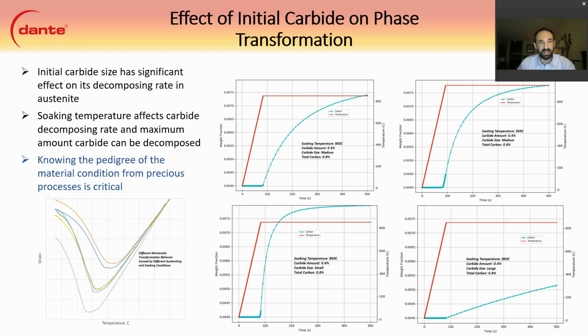So we can see that as the carbon increases from the orange line down through the blue and the greens down all the way to the gray line, which has the highest carbon, our MS is constantly going lower and lower, and our strain is getting smaller and smaller, mainly because we're cooling a lot further, so we're shrinking a lot more before we start to expand. But understanding this initial carbide in the initial structure is important to accurate heat treatment results.